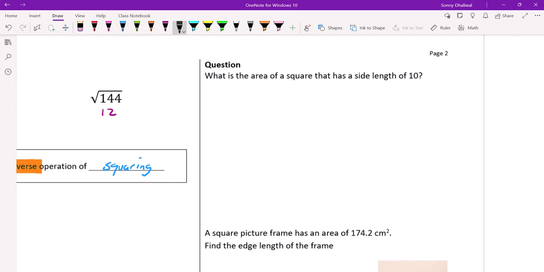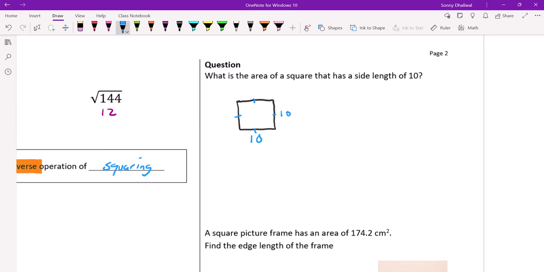So, next question, it says we have a square that has a side length of 10. Now, a square, remember, all the sides are the same. We have 10 by 10 all the way around. And the question's asking us to find the area. We did this, right?